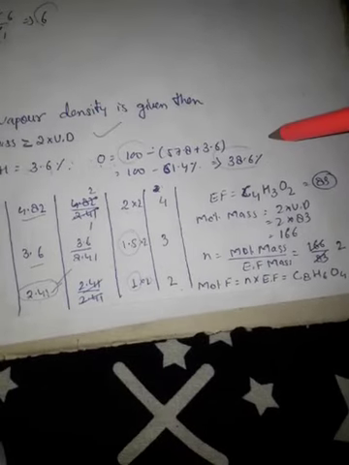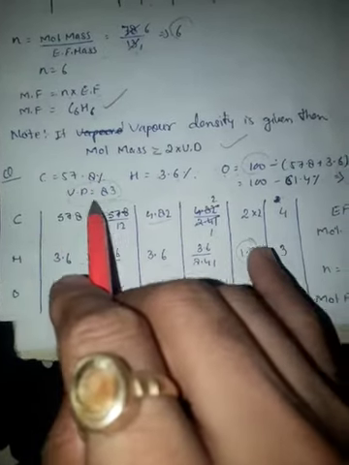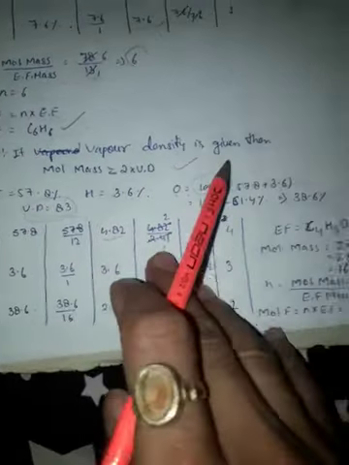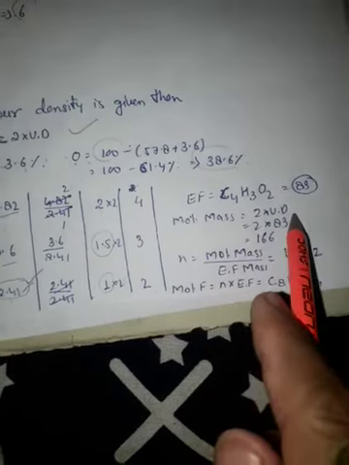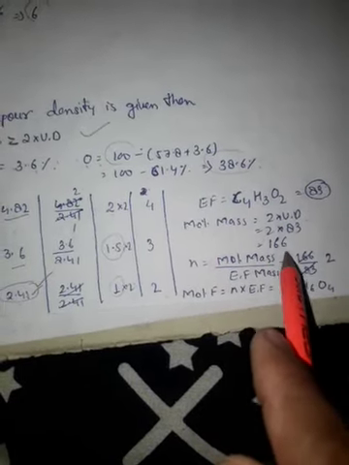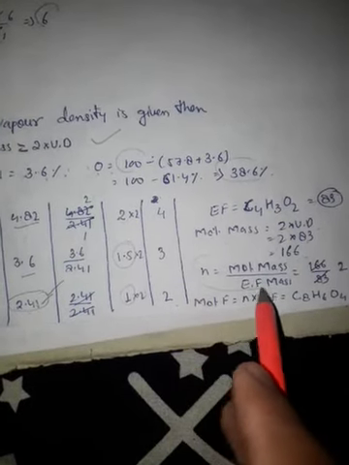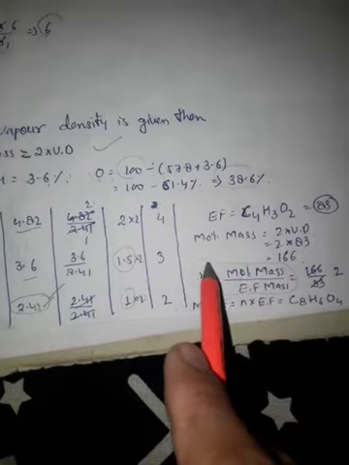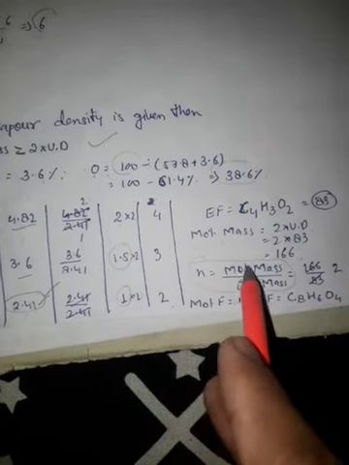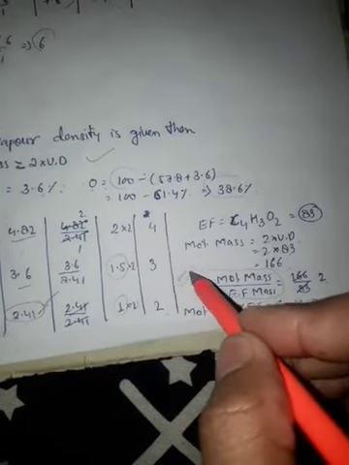Now for molecular mass, since here vapor density is given as 83, this is the question for vapor density. Molecular mass is equal to 2 into vapor density. Vapor density is 83, 2 into 83, this is 166 gram. Now you have to calculate the number of moles, N. So N is equal to molecular mass upon empirical formula mass. This formula you have to learn.